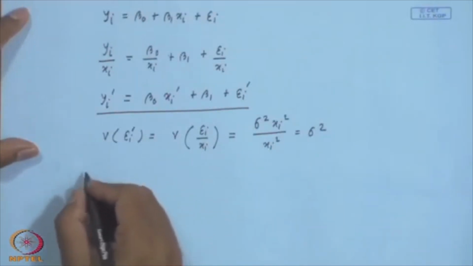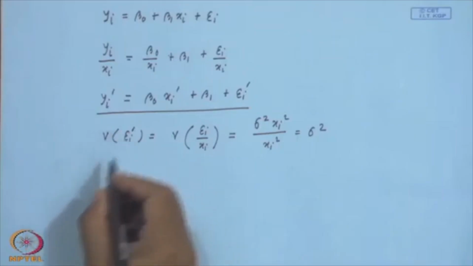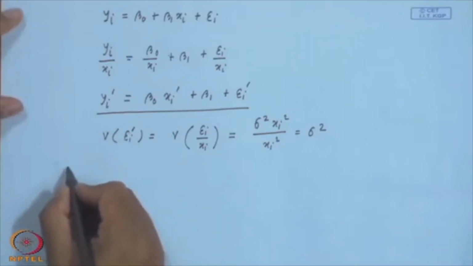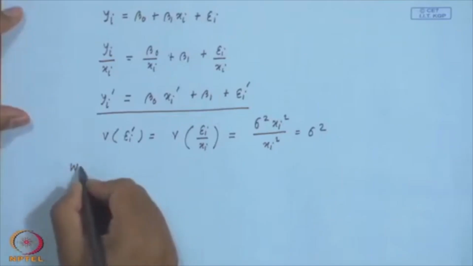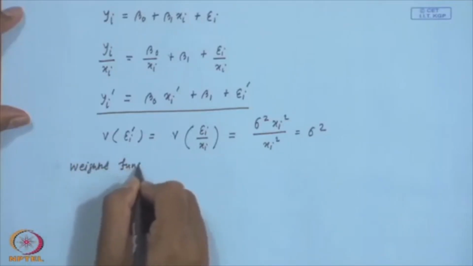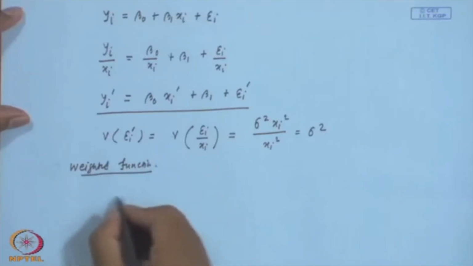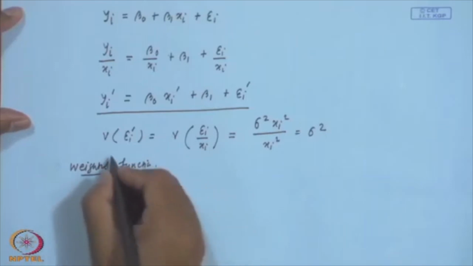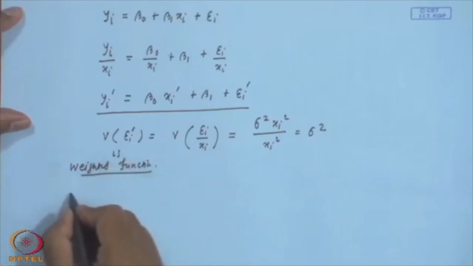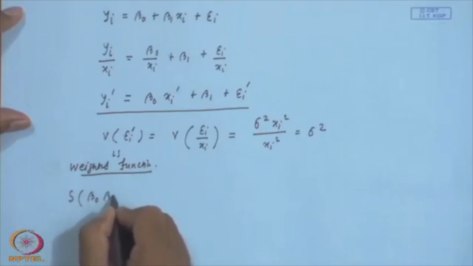Weighted least square is about finding the least square estimate of regression coefficients, but we consider the weighted least square function to estimate the parameters. So, the weighted least square function is S, say, of beta naught, beta 1.